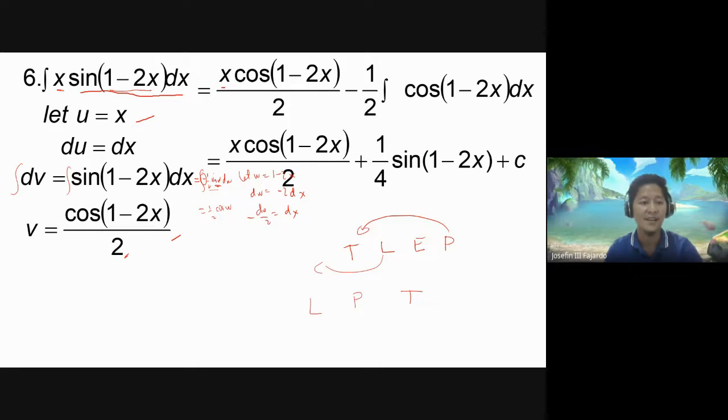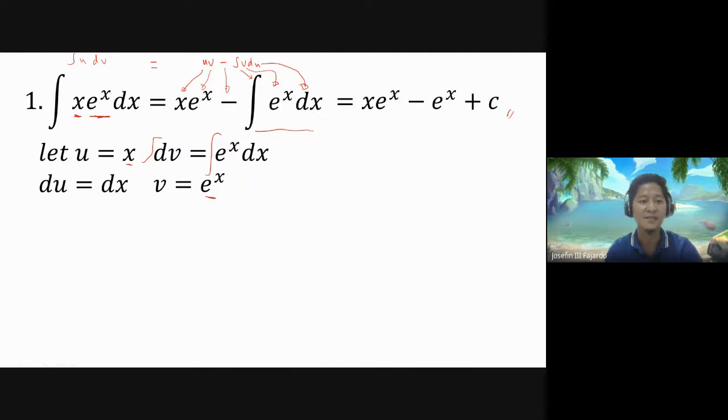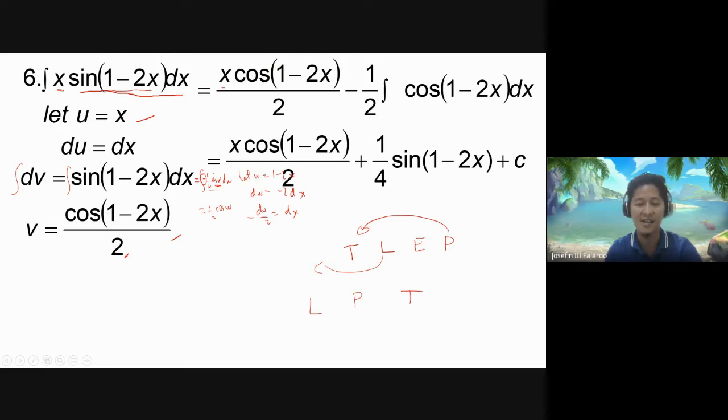Ang isa pa, yung sa first example natin, mas malakas si polynomial kay exponential, so somewhere here si exponential. Ang tanong, sino ang mas malakas, exponential or trigonometric? Palagay niyo?